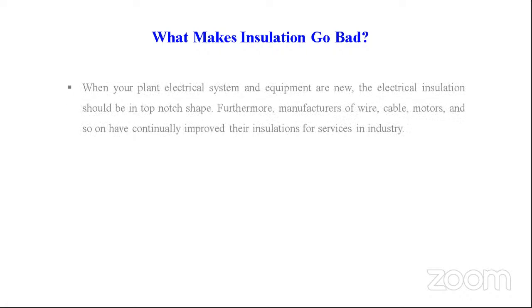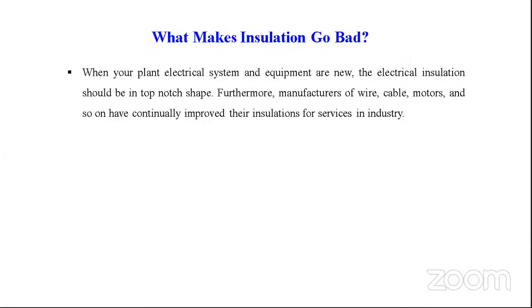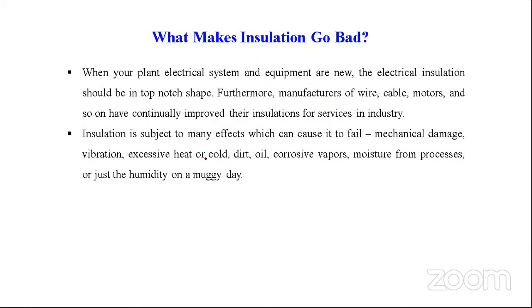All of you know these points: the presence of excessive heat or cold, dirt, oil, corrosive vapors, moisture from the processes, or the humidity on a muggy day. That is basically the major cause of insulation going bad.